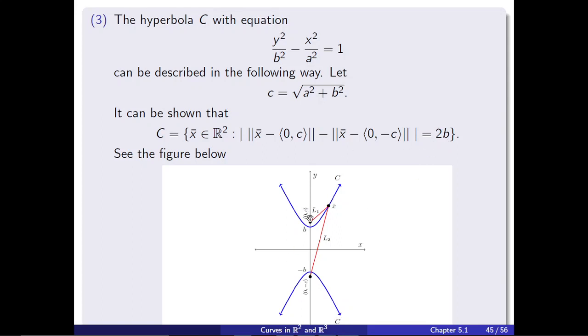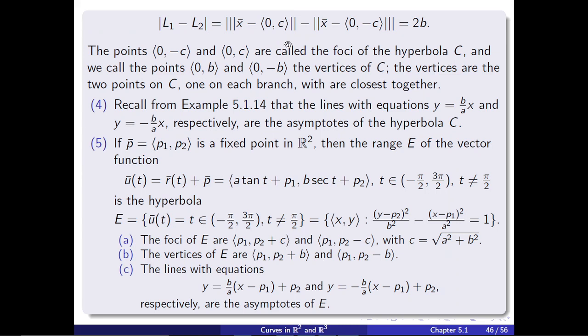This is illustrated here: if we take the points (0, c) and (0, minus c), and then calculate the sizes of L1 and L2, the absolute value of L1 minus L2 is equal to 2b.